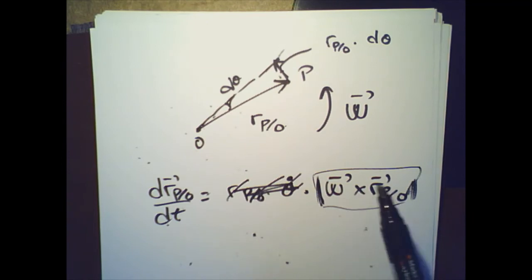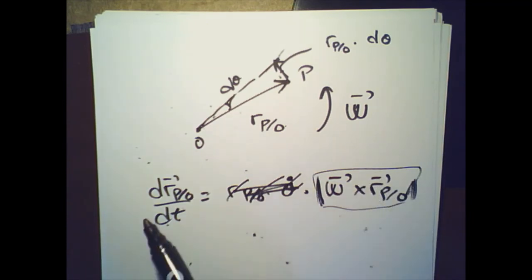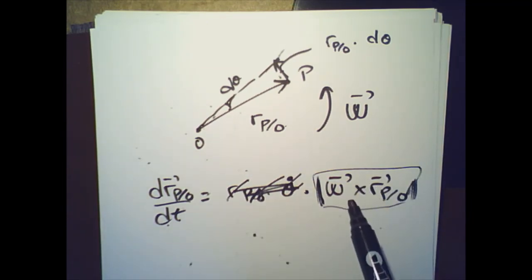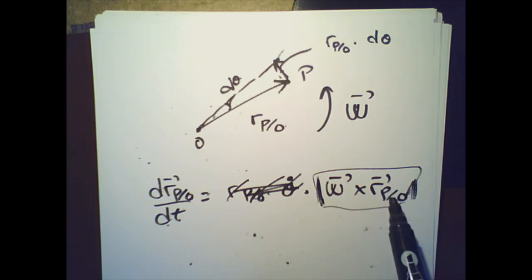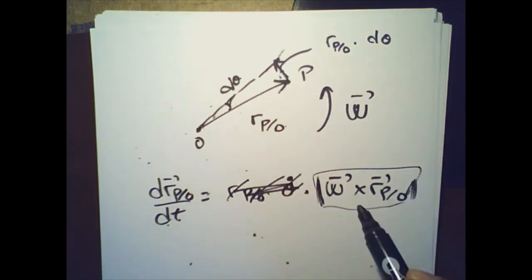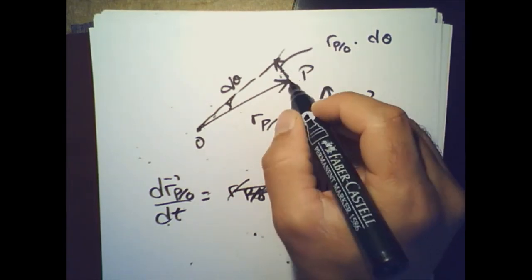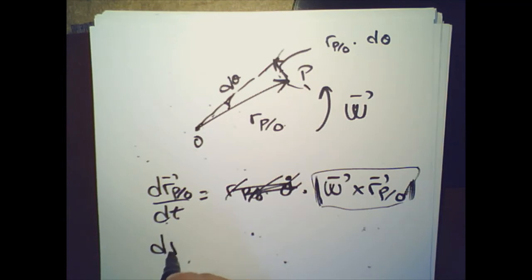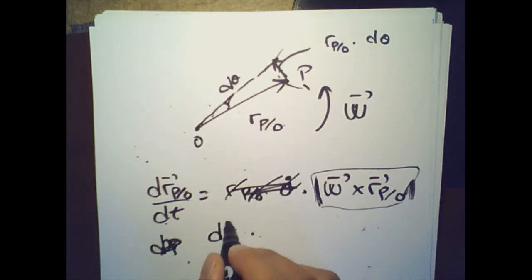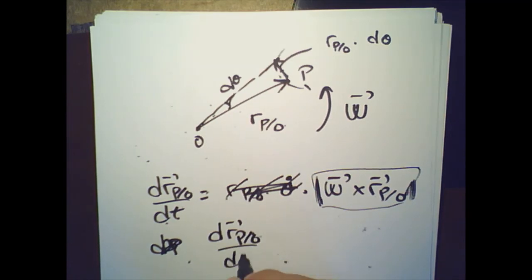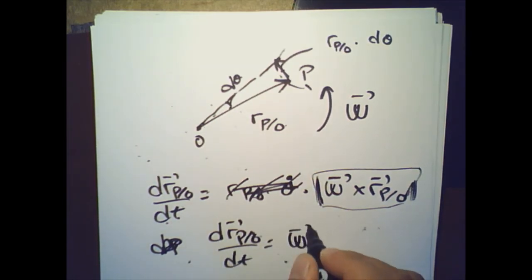So every time you differentiate a vector, you would actually add omega cross RPO, and this component is only caused by the rotation, right? If that point P is also moving, then you would always have to add. So I'm gonna write it, drpo over dt will always be equal to omega cross RPO.